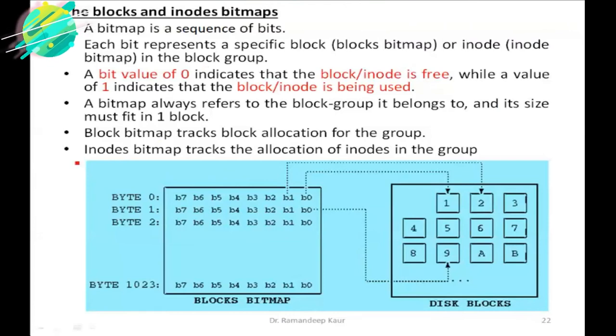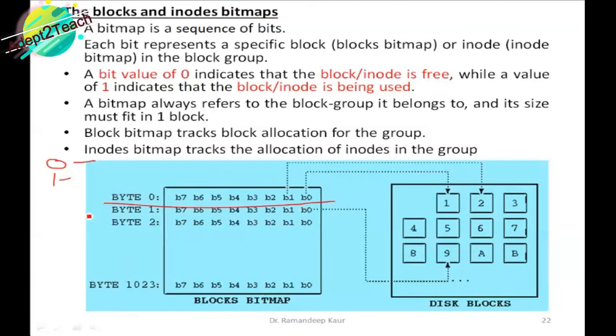Now, how do the bitmaps work? Like I said, a bitmap stores information as either 0 or 1. So every bit represents: a 0 bit represents that it is vacant, a 1 bit represents that it is still occupying some space. Now, let's say you have this block bitmap.